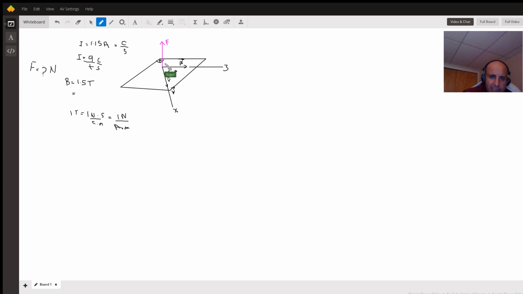That force is perpendicular to the plane P, in which the vector B and the vector V lie, in different z and x axes but in the same plane. Therefore, the vector F is perpendicular to the plane P, and we're going to find out in a second what its magnitude is.